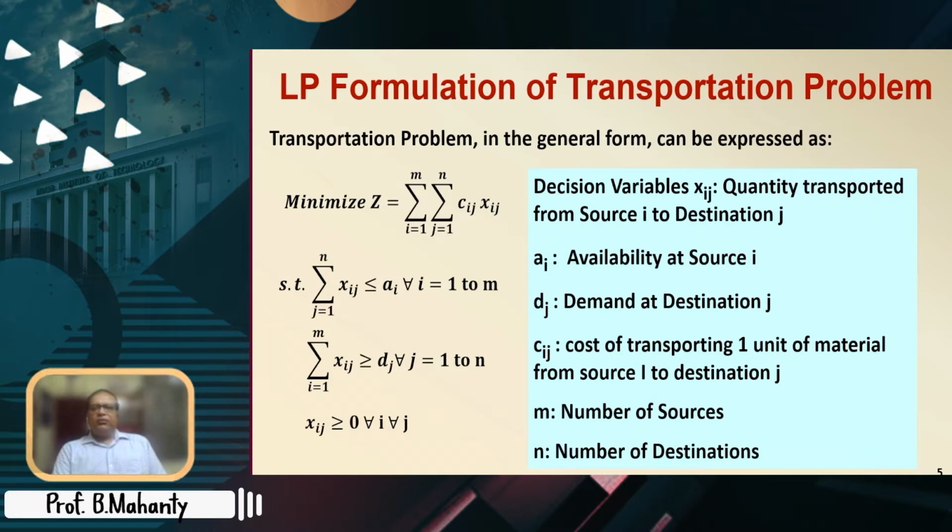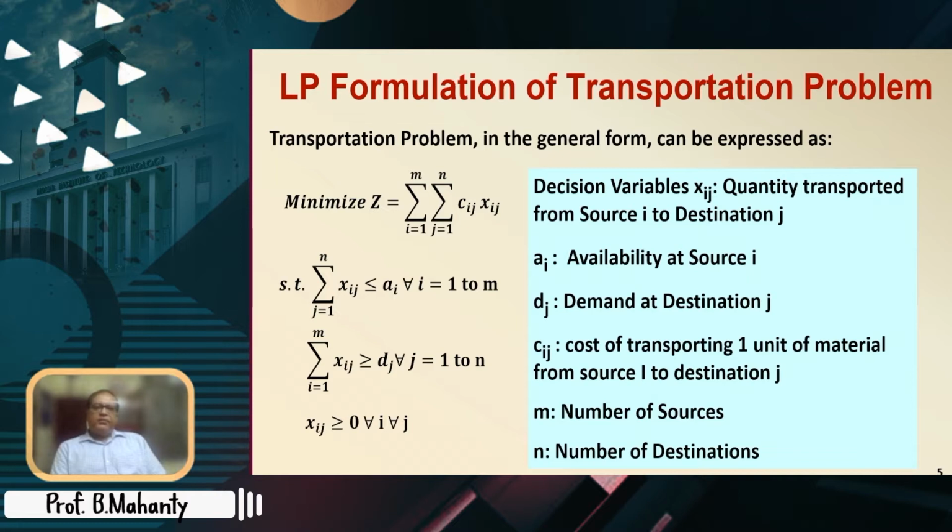First of all, we have to identify the variables. The decision variables are Xij, the quantity transported from source i to destination j. Ai is the availability at source i. Dj is the demand at destination j. Cij is the cost of transporting 1 unit of material from source i to destination j. M is the number of sources, N is the number of destinations.